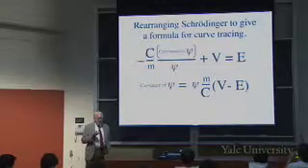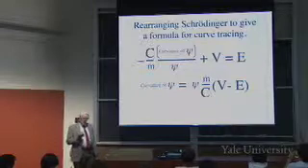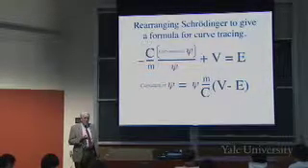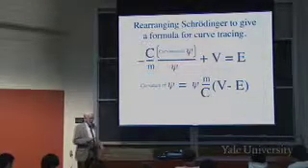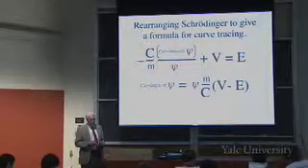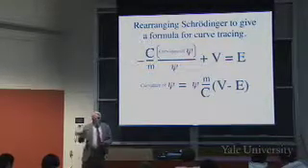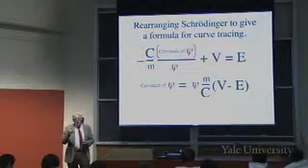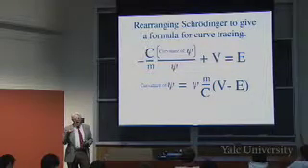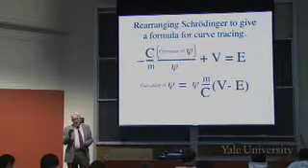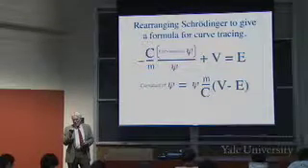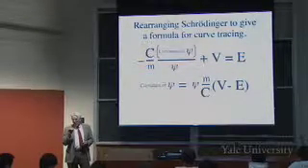So we have a formula here for the curvature of psi. Right? Now, if you have a formula for the curvature, if you know how a curve is going to change, how a line is going to change its curvature, then you have a recipe for drawing it if you know how to start.